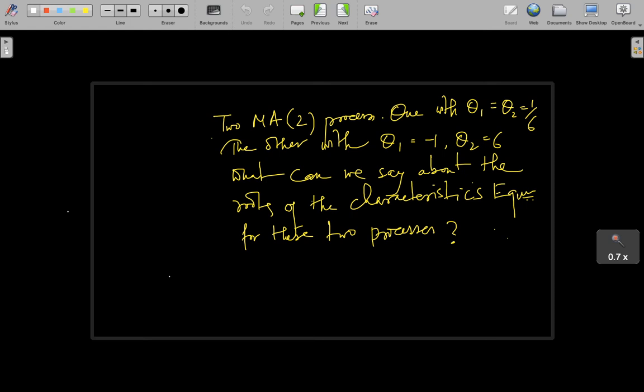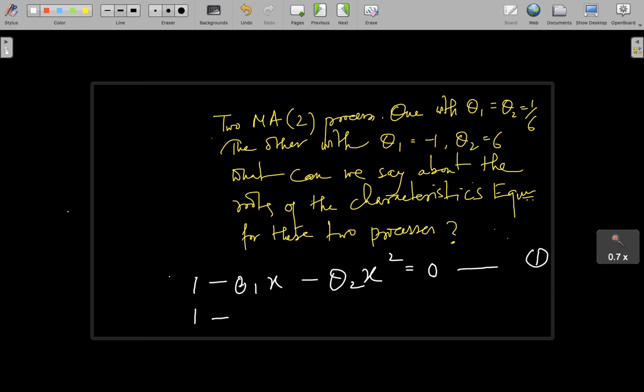Like the AR process, for the MA process as well, we have the characteristic polynomial as 1 plus theta 1 x plus theta 2 x square equal to 0. Now let us put the values of theta 1 and theta 2 here for the first process. So let's say this is my equation 1, and now I'm going to put the values of theta 1 and theta 2 from my first MA process.